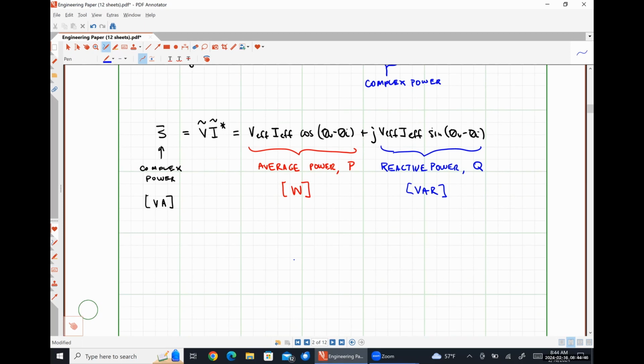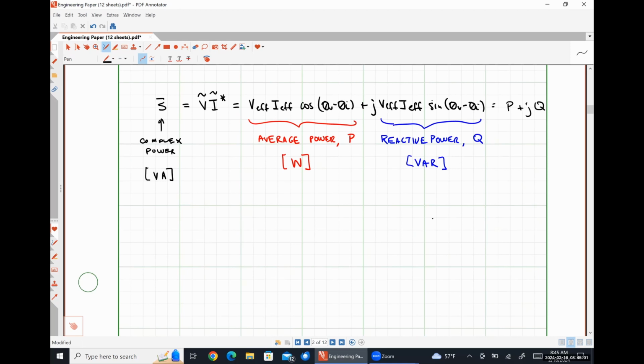So here's our rectangular form representation, which could be simplified to P plus jQ. In polar form, we're going to have the following results.